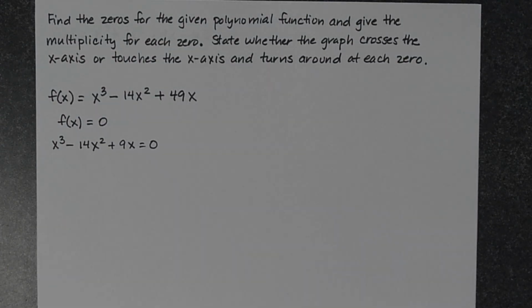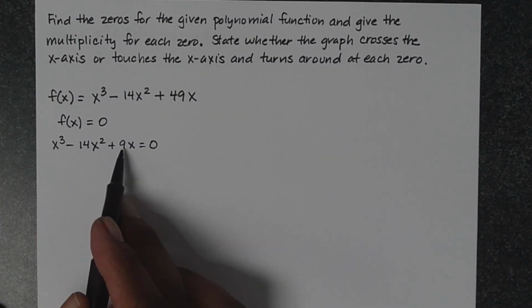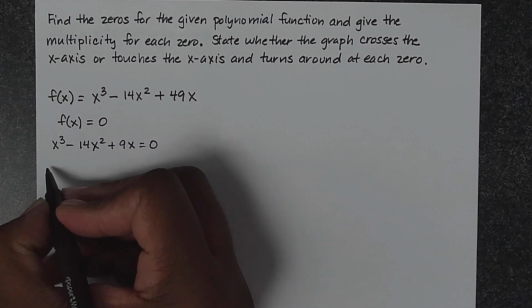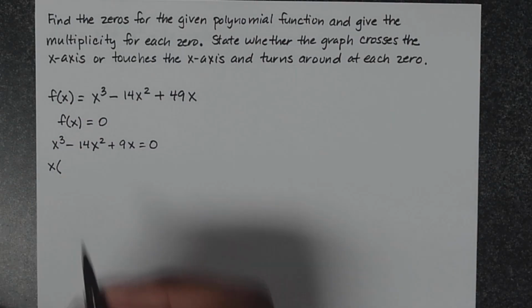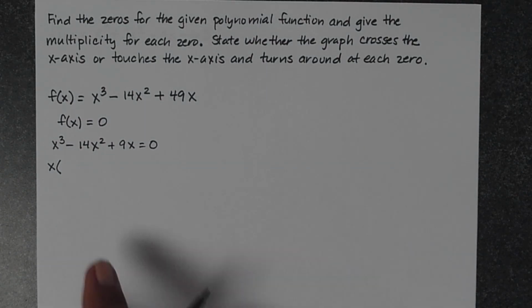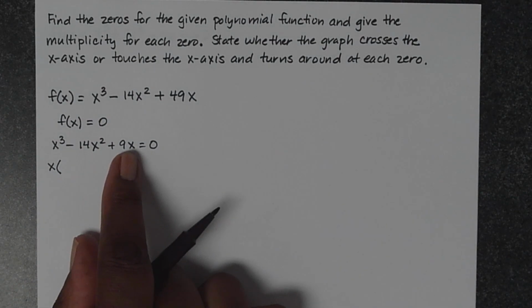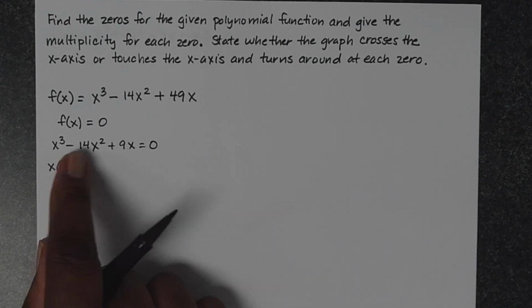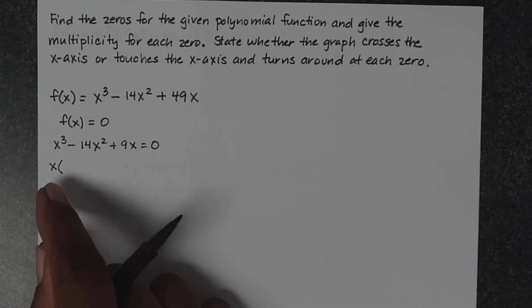Now the left side, I have to factor that out completely. Each term on the left side has a common factor of x. So I can factor out the x, and it has to be x to the first power because I have to take the one that has the smallest exponent. To get what's on the inside, I'll divide each term by that common factor of x.